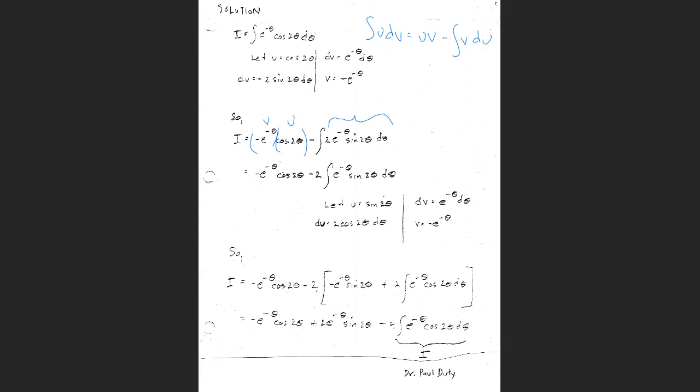So this here is v times du. And because you have two negatives, a negative times a negative is a positive. And that's like you have a positive there, right?